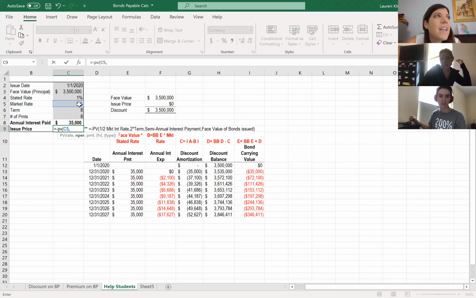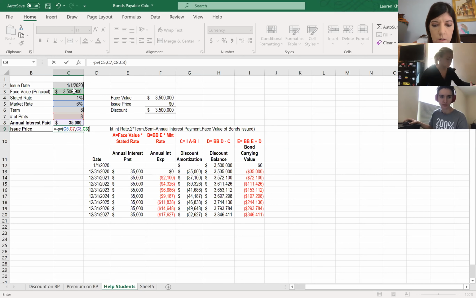The second number is the number of payments. 8. And then the third number is the amount that you're going to pay each period, which is the 35,000, the interest paid annually in this case, comma, and then face value of the bonds issued, because that's what we have to pay back at maturity.